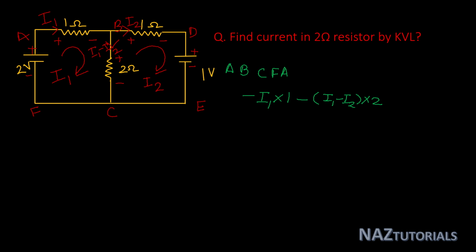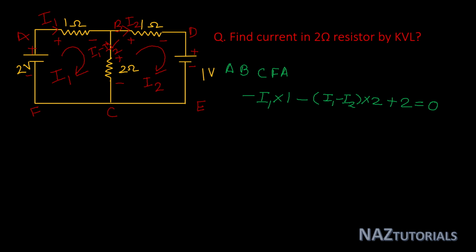From C to A, there is a battery of 2 volt, or you can say there is a rise in voltage, that is plus 2, equals 0.